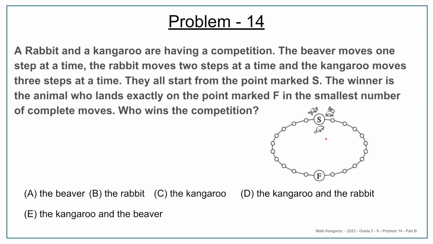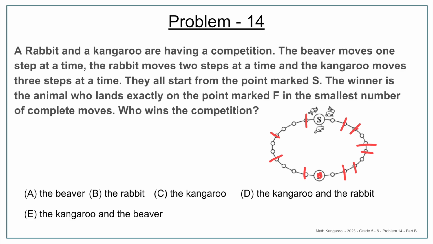The kangaroo moves 3 steps at a time. So we have 1, 2, 3 steps, again and again, and he reaches F. So how many jumps did he do?